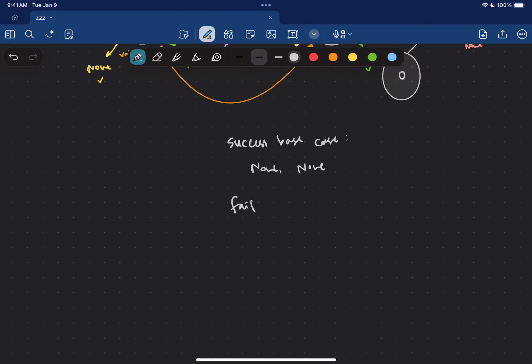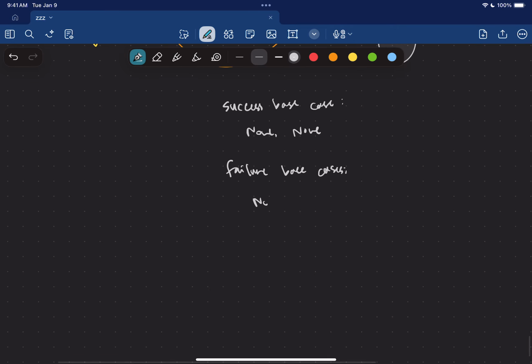Some failure-based cases. This would be if we have none and node, or node and none, or one value does not equal the other value, right? These are all places where we can say immediately, hey, this cannot be the same tree. We can immediately return false.